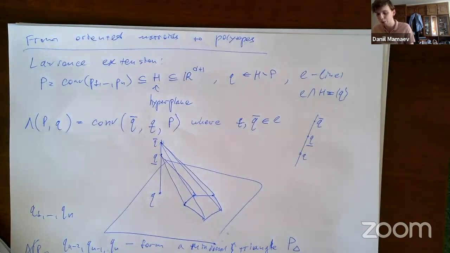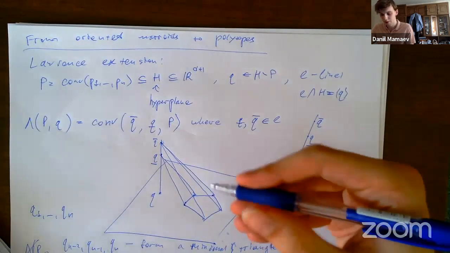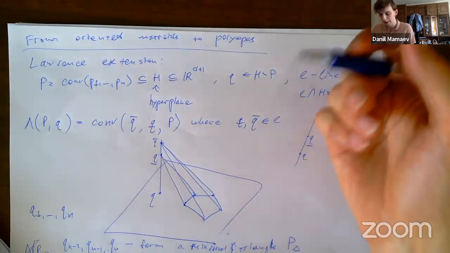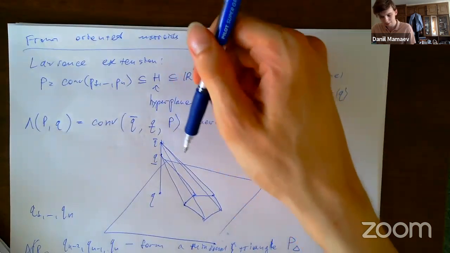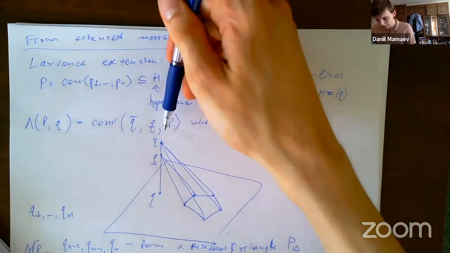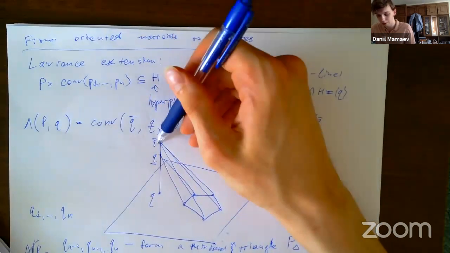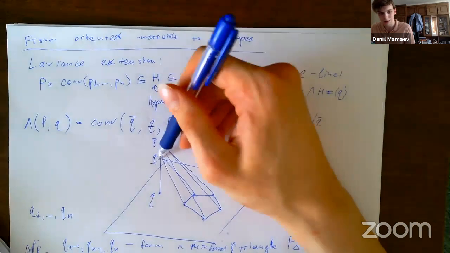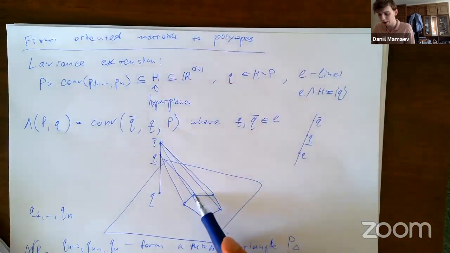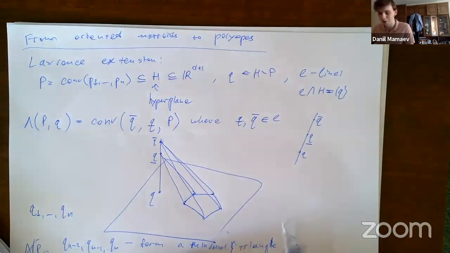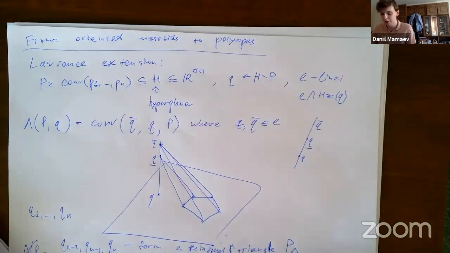And from the Lorentz polytope, you can get your initial configuration, as I said, by intersecting the line through these Q's and the affine span of all the rest. This intersection is your vertex Q, and so on, and you get all your point configuration.